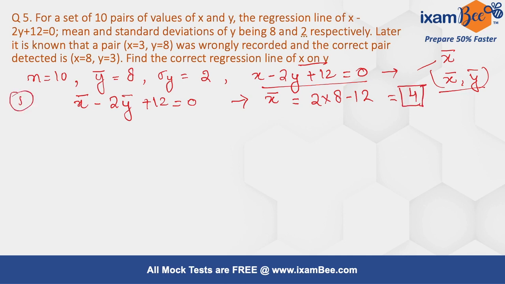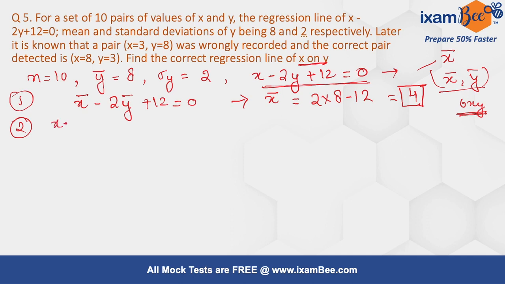So the value for x bar is now known to us, and it is 4. First step was this. Another step was to find the regression coefficient bxy, because here the line is x on y. If we rearrange like we have done in the previous question, we can easily find the regression coefficient of x on y.